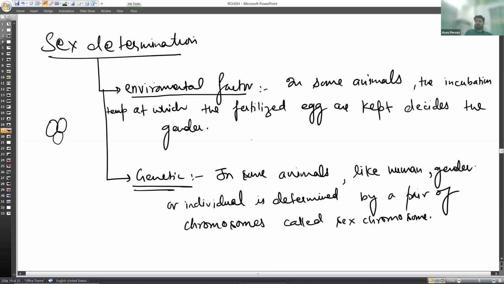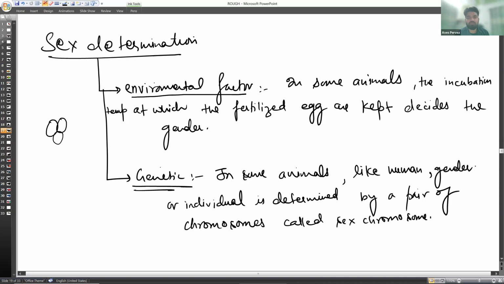In poultry farms, if we keep the eggs at a particular temperature, we get all chickens, and if we put them at a higher temperature, we get all hens.